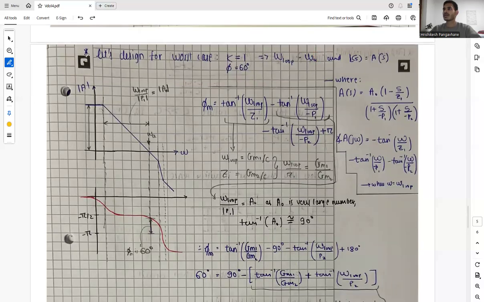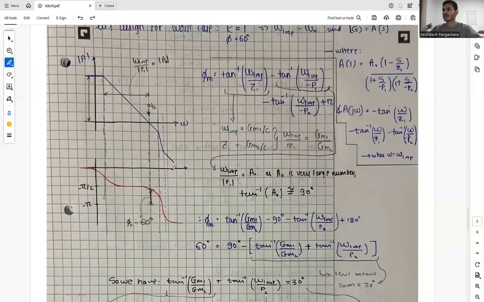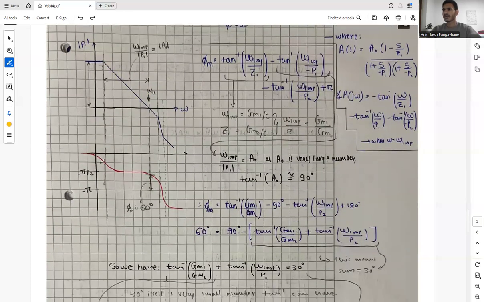Now we have plotted our transfer function, and we know this is our loop gain function, which starts at a naught. So we will have our DC value, and then the curve accordingly. We have discussed the curve, and this is how our phase looks.